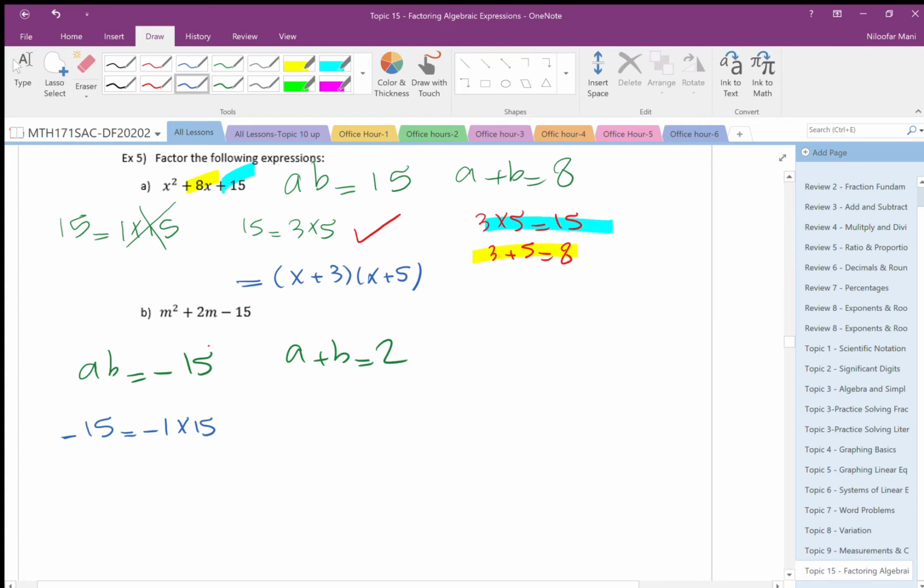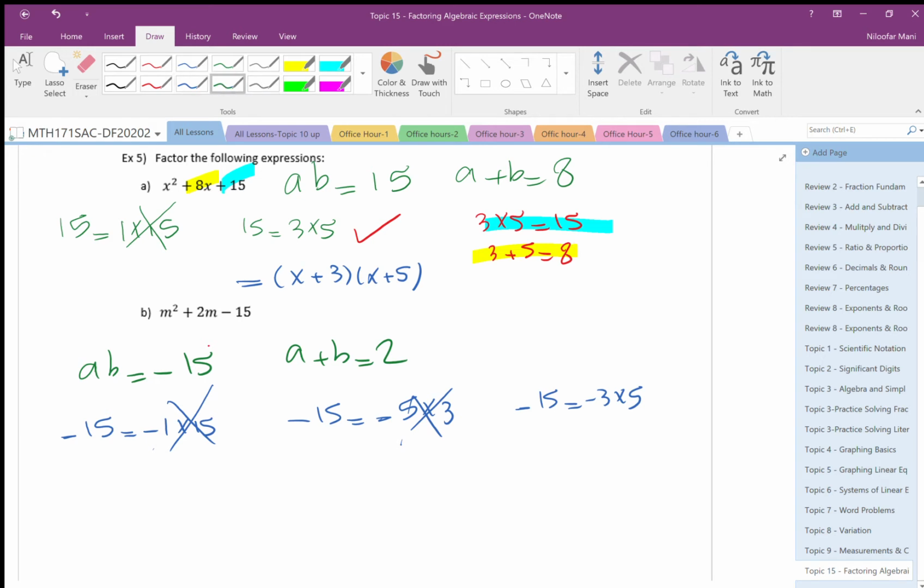So this is not the answer. How about minus 5 multiplied by 3? If I add minus 5 and 3, the answer is minus 2. So this is not the answer. How about minus 15 equals minus 3 multiplied by 5? If I add minus 3 and 5, yes, it's 2. Perfect, I found the answer.